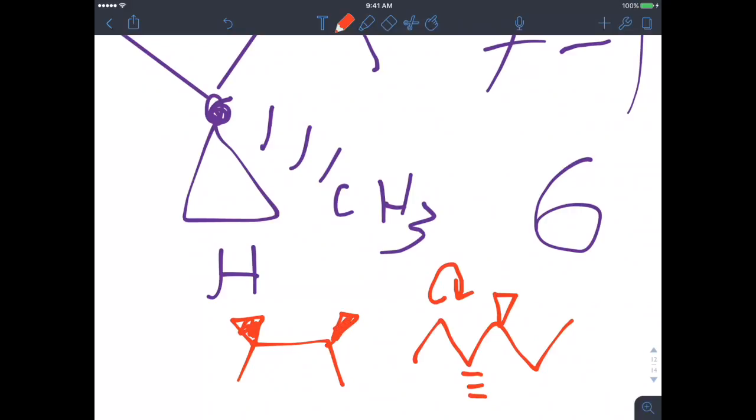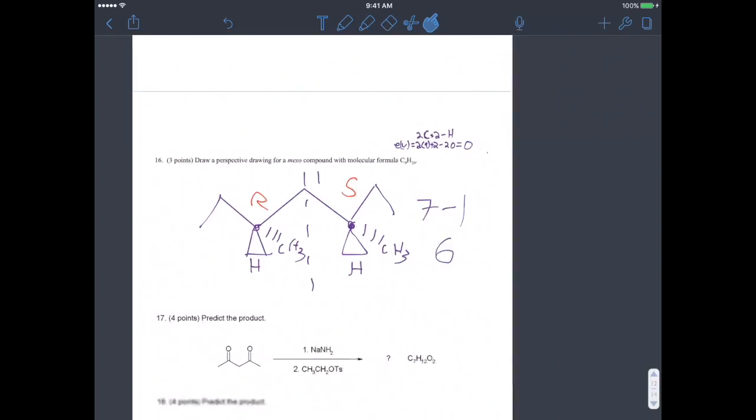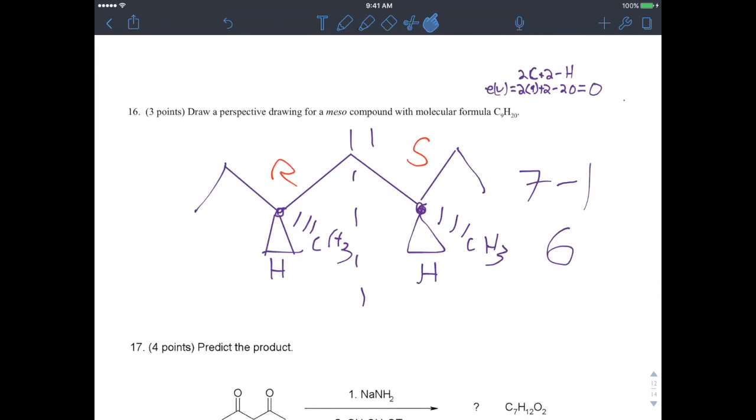And if they're an odd number away, so if it was way over right there, then we'd have them on the same plane, so wedged and wedged. Okay. And again, it's always great to check just by doing your priority and seeing whether they're R and S. So we have our perspective drawing right here, and we can go off of that as our answer.